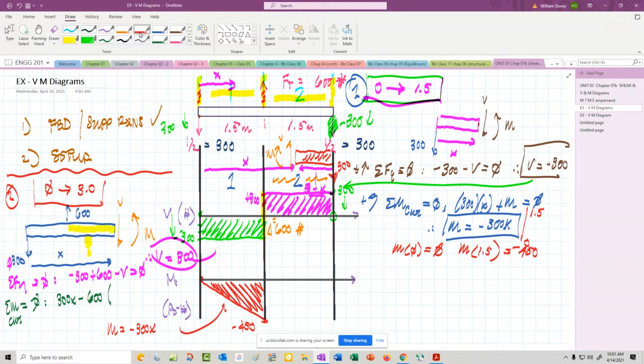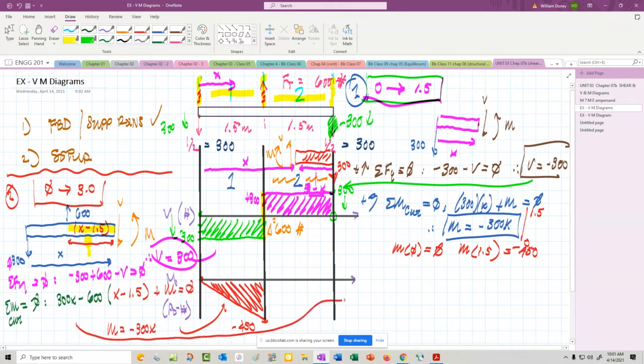What is that distance? That distance will be x minus 1.5, from there to there. And then here at the end, we just plus M equals 0.